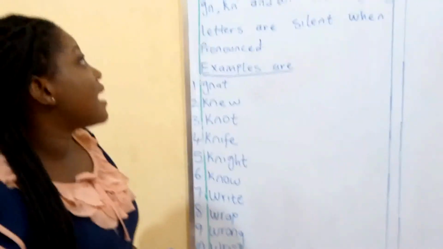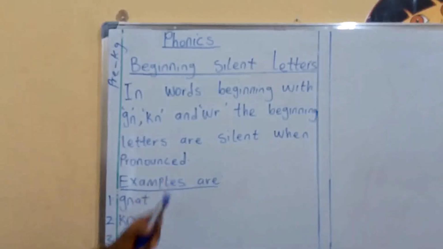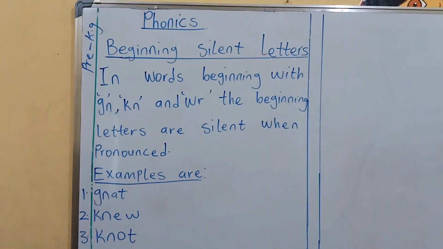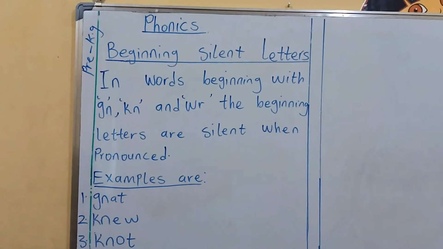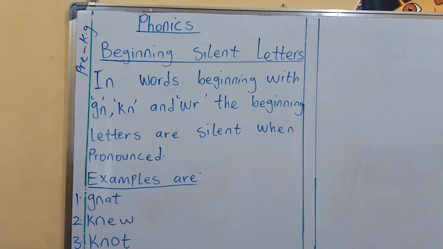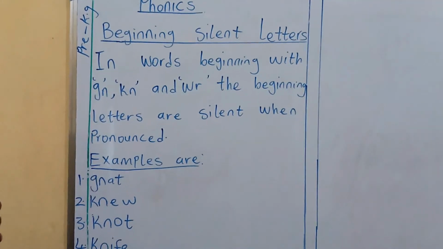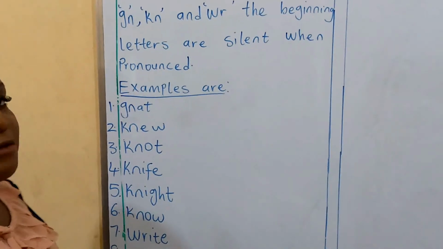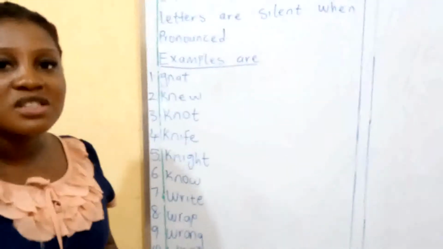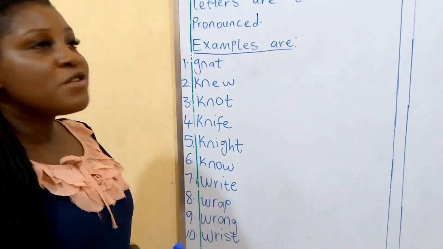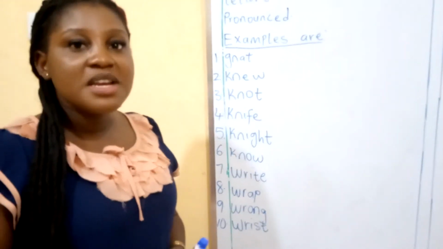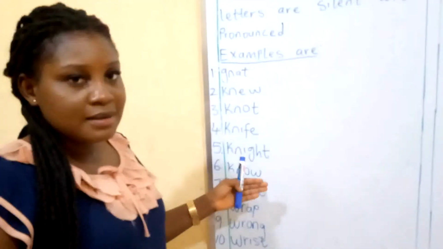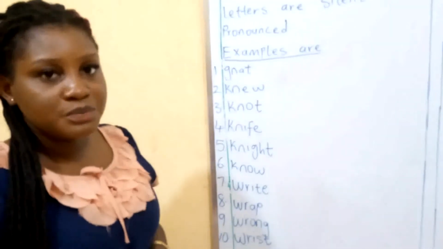Okay. So now what have we discussed so far? We have said that to begin silent letters, we have to look out for the letters that are silent in it. We have also seen some words that begin with silent letters, and we have also pronounced those words accordingly. So if you are reading a passage or a story and you come across words like this, what should you do?